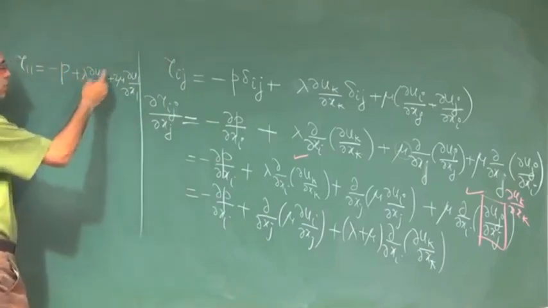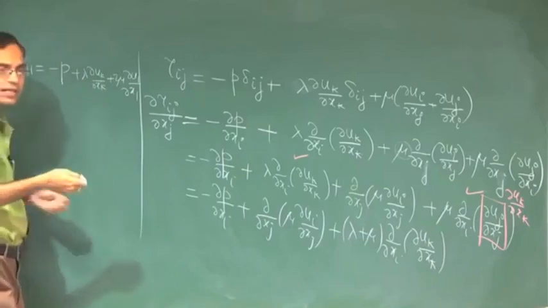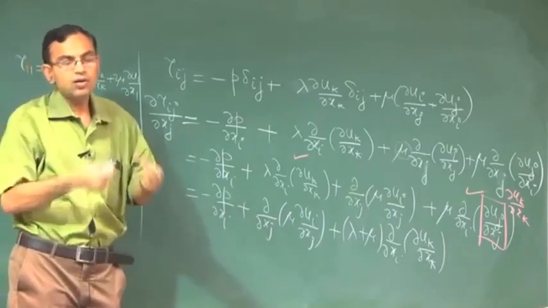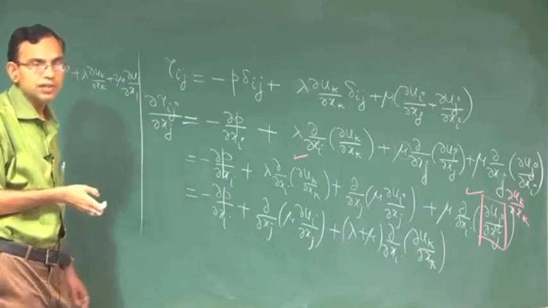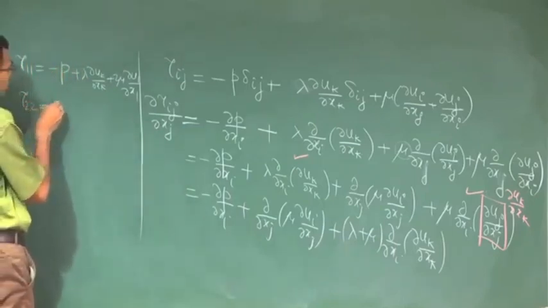And normal stress could be due to volumetric deformation, that is quite clear: if there is a volume element which is stretching or contracting there should be a normal stress. Similarly, tau 22.